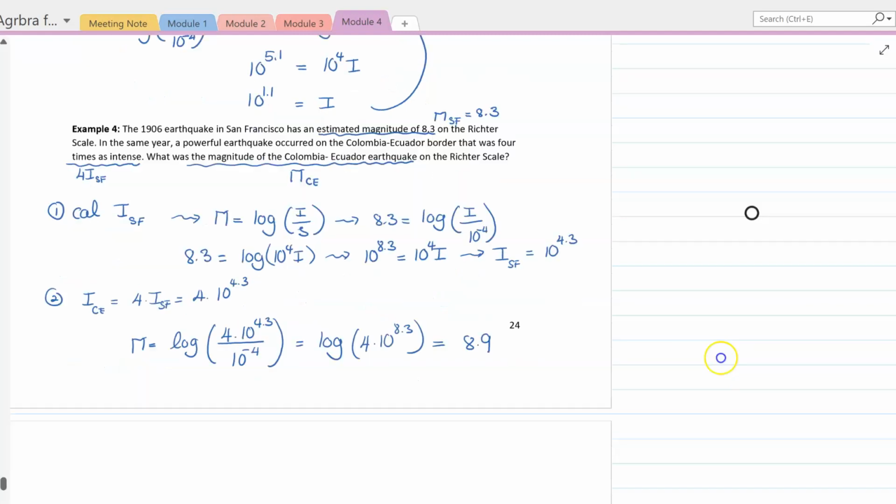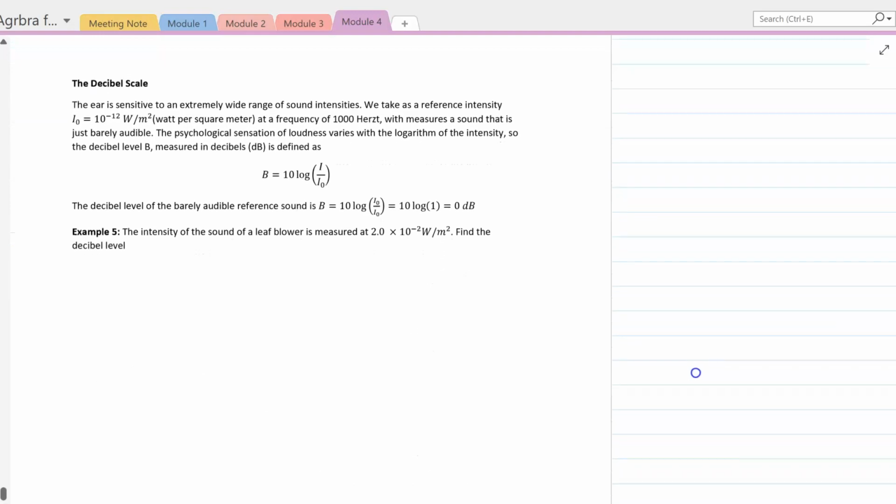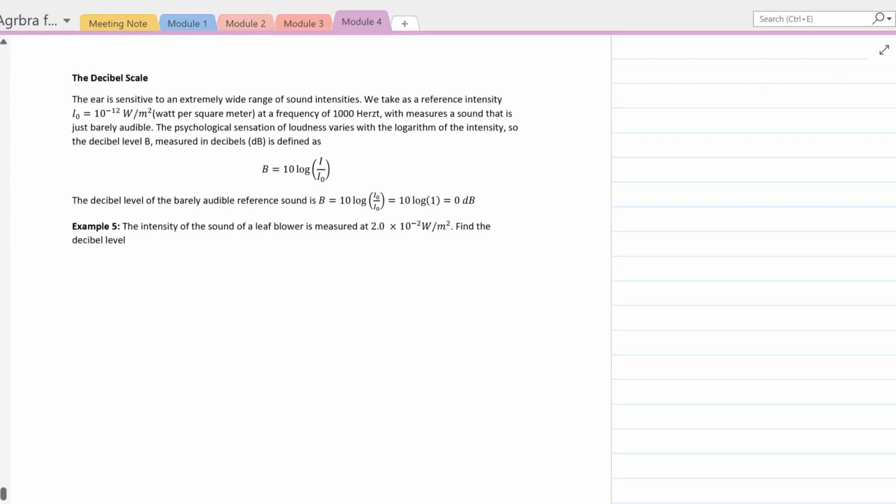The last thing we want to look at is the decibel scale. The ear is sensitive to an extremely wide range of sound intensity. We take a reference intensity I naught at the frequency of 1000 Hz that would measure the sound that is just barely audible.